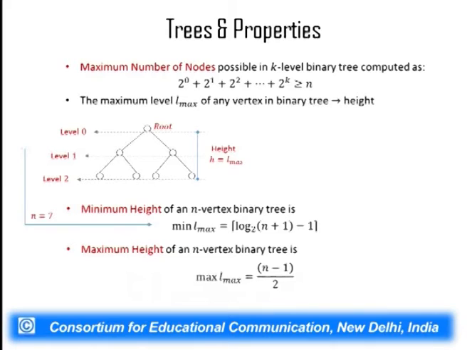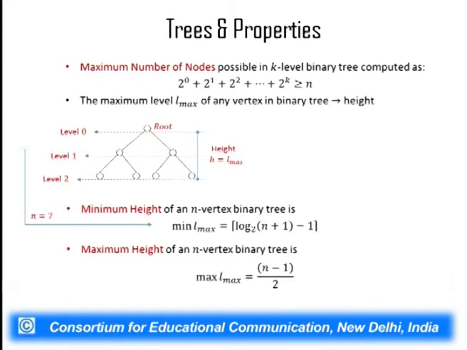In level 1 we have 2 more nodes that are concerned with the left and right subtree of the root, and in this way we go till level 2. Okay. So these are known as the levels of the tree, and the value of the maximum level becomes its height. Okay. So height, if we represent it as h, it will be L max.